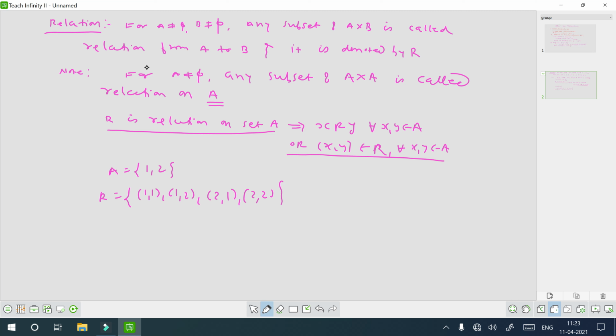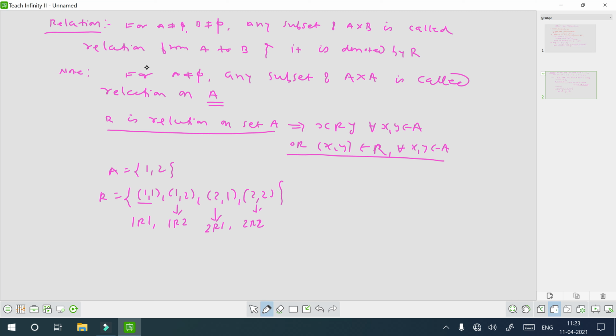Now see here, the ordered pair (1, 1) belongs to R, that means 1 R 1. (1, 2) belongs to R means 1 R 2. (2, 1) belongs to R means 2 R 1, and here 2 R 2.